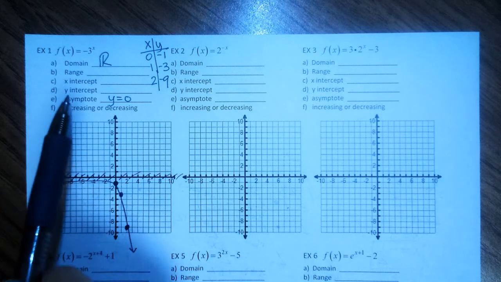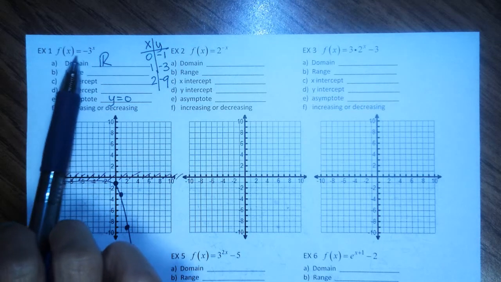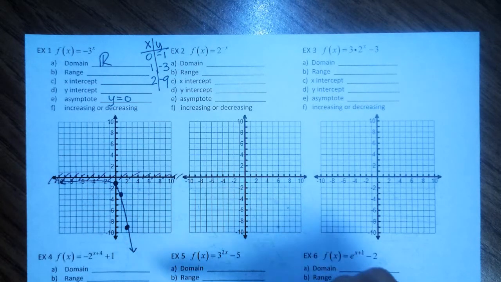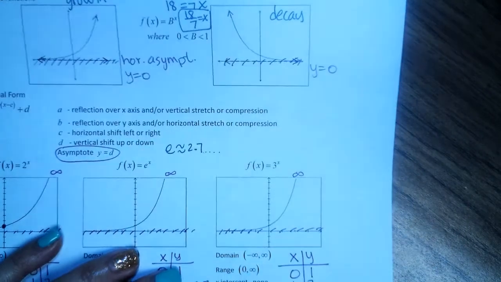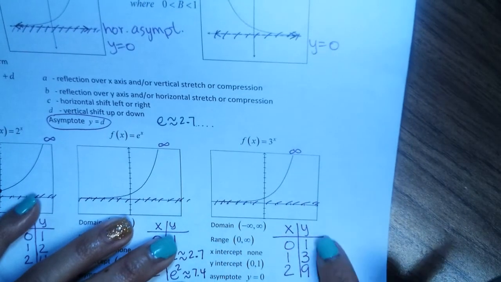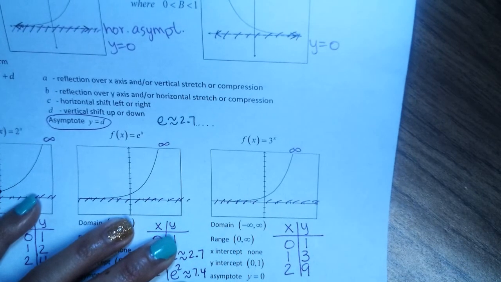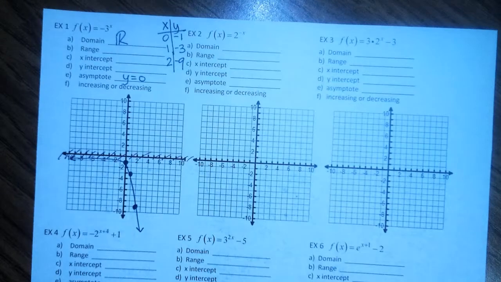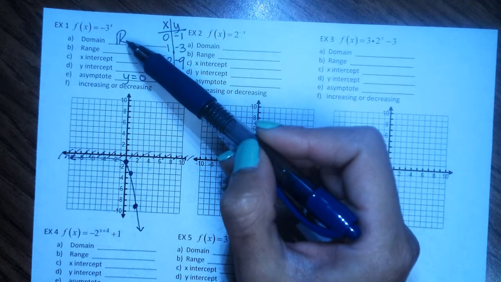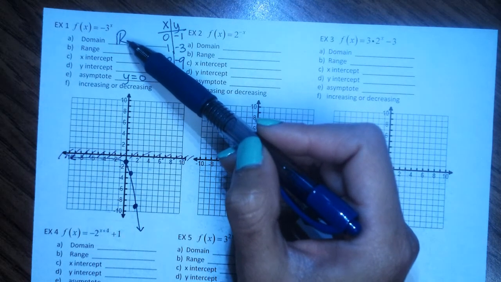It's basically just y equals 3 to the x, but it's been reflected over the x-axis. I just took this and reflected it over the x-axis, so that's why these y values became negative: negative 1, negative 3, negative 9. The domain should be all real numbers for all exponential graphs.